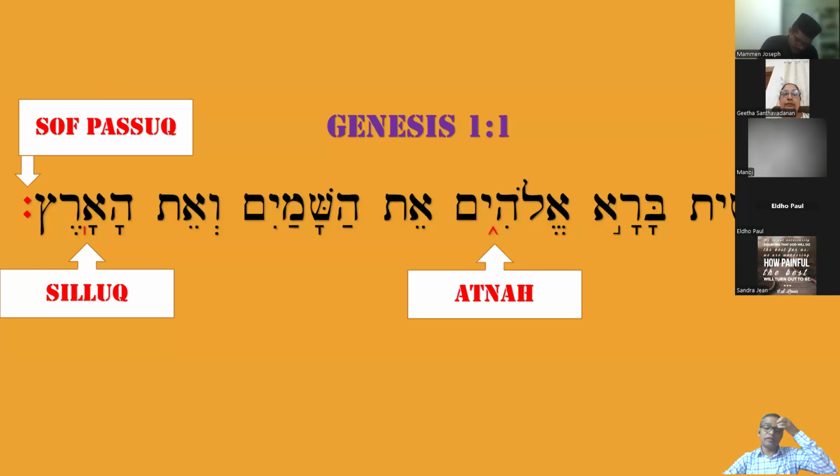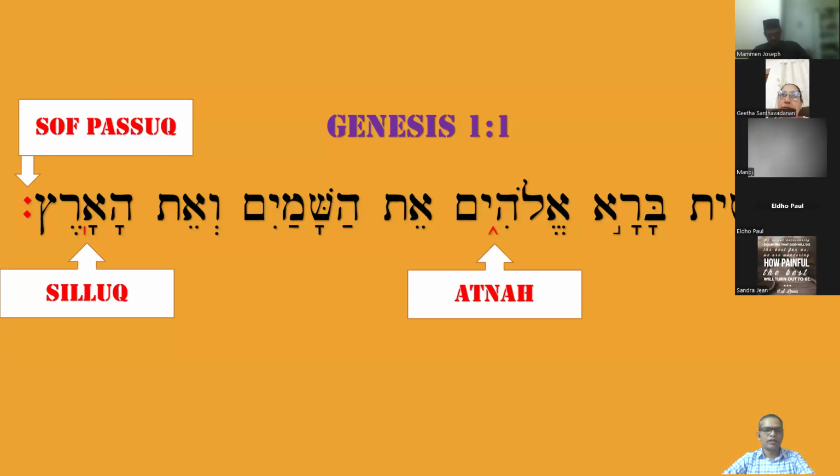So that appears along with the vowels only. So we will not be confused. Why? Because if we are familiar with the vowels separately, and familiar with the accents separately, we will not have any confusion. So in the course of time, we will understand that. Yes, sir. All right. Thank you, sir. And now Siluk is looking like a vertical stroke.